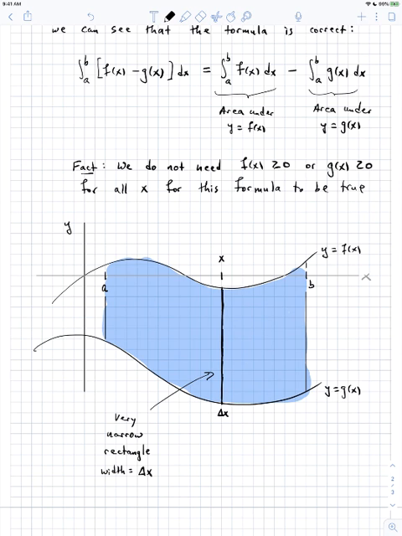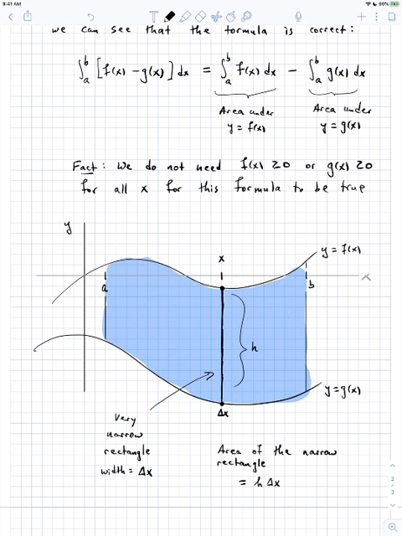So what we want to do is compute the area of this narrow rectangle. The area of the narrow rectangle is going to be the height, let me call it h for height, times delta x. So in that case, this height here is h. And how do we determine h? Well, h is going to be the distance between this point on y equals f of x and this point on y equals g of x.